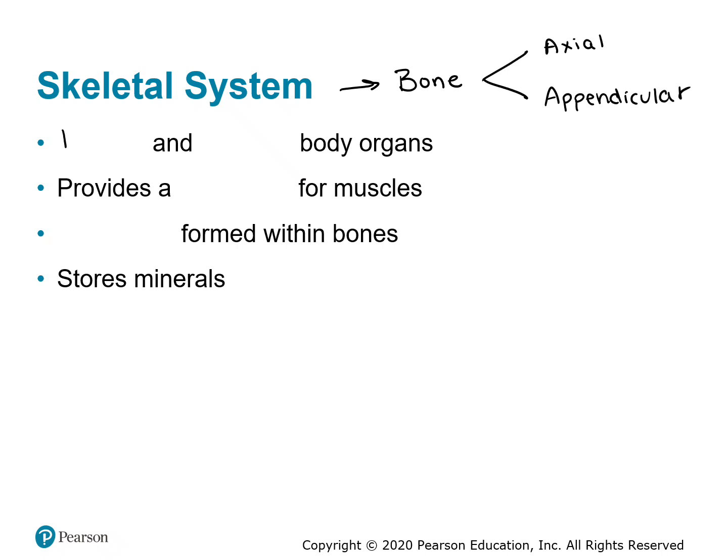And the job of your skeletal system is to protect and support your body's organs. It provides a framework for your muscles to kind of act on, and it is the site of your blood cell formation. There's also quite a bit of mineral storage that happens in your skeletal system.